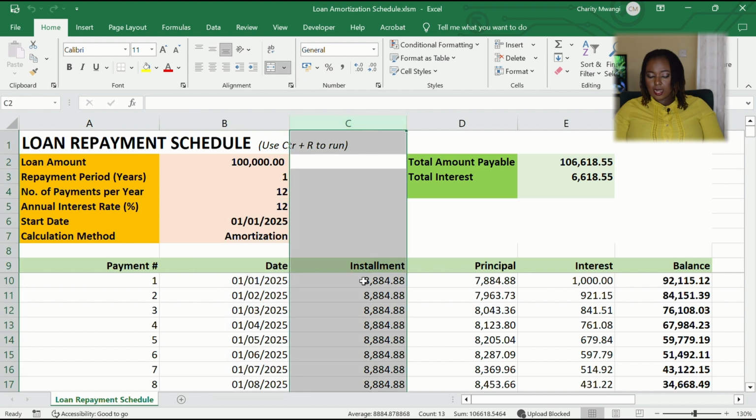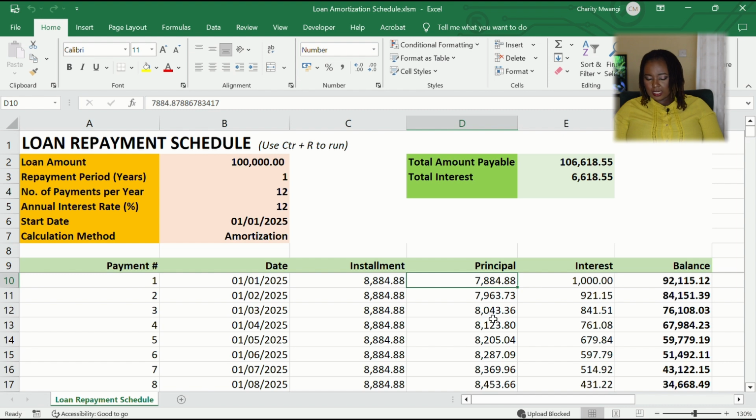It's 8,884. If you remember, for the flat rate, it was 9,333. But the principal amount keeps on changing. It keeps on increasing, but the interest keeps on reducing. So this is also the aspect of the reducing balance of the interest in the amortization method.